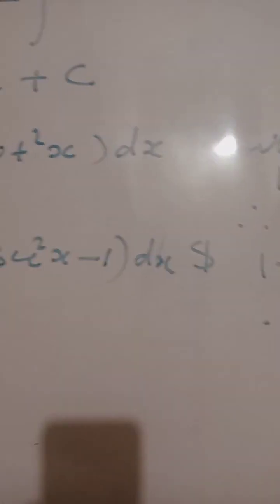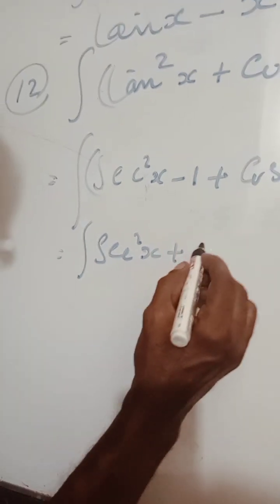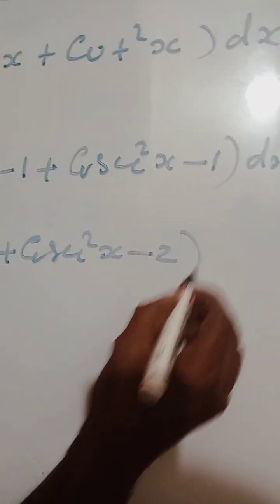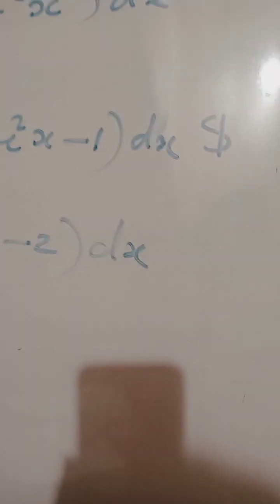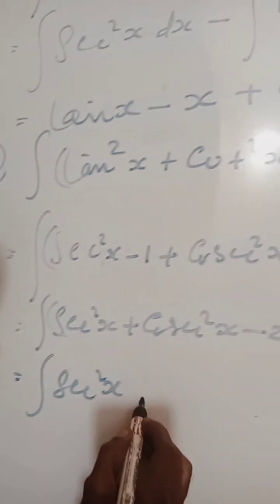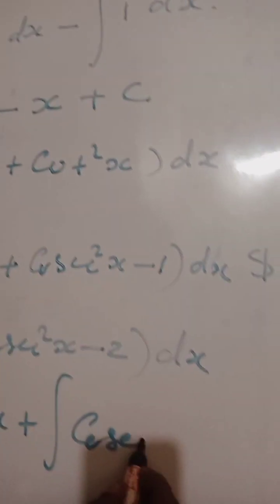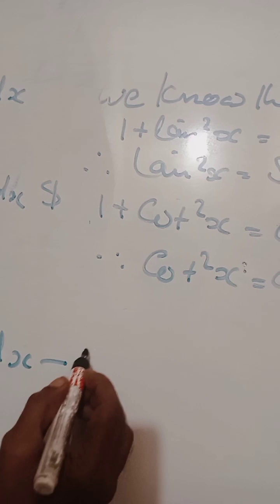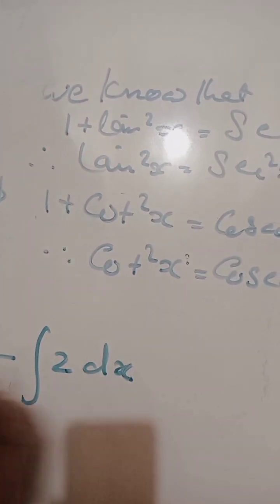This is equal to integration of sec squared x plus cosec square x minus 2 into dx. Integration of sec square x dx plus integration of cosec square x dx minus integration of 2 dx.